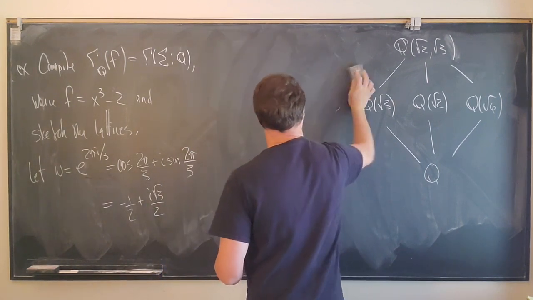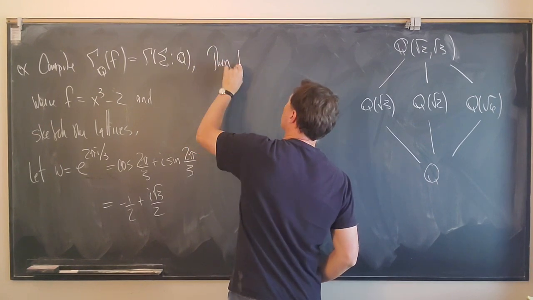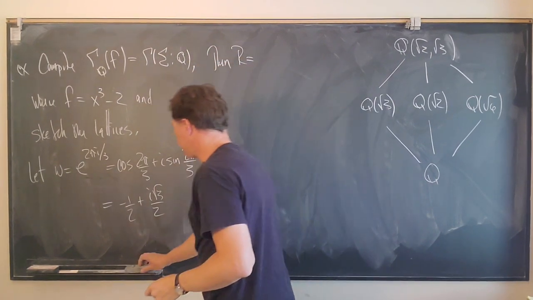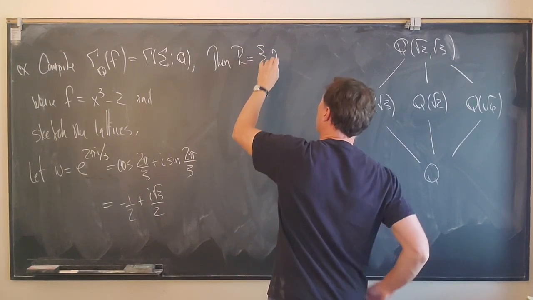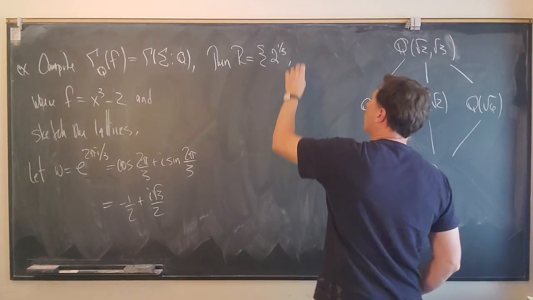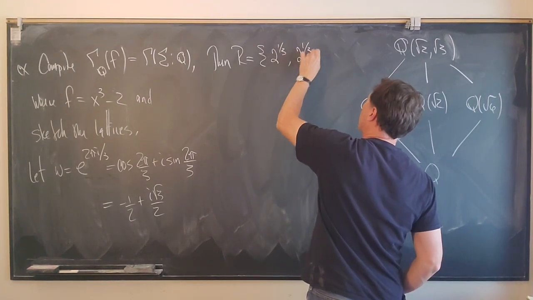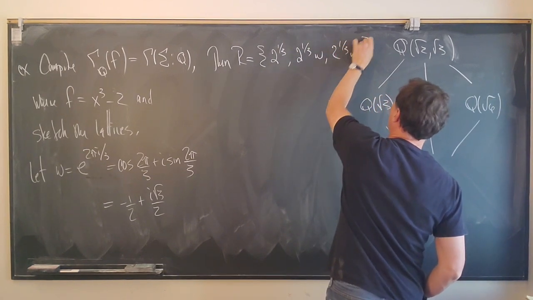So then our set of roots is going to be 2 to the 1/3, 2 to the 1/3 omega, and 2 to the 1/3 omega squared.